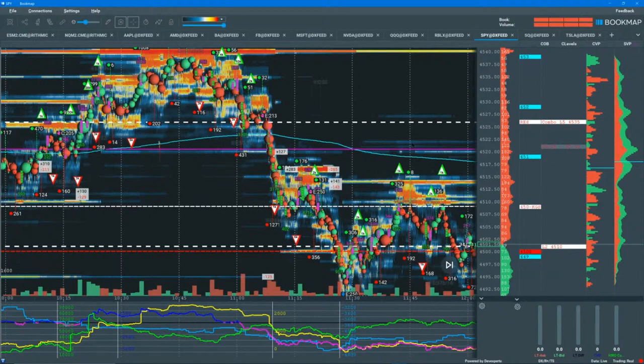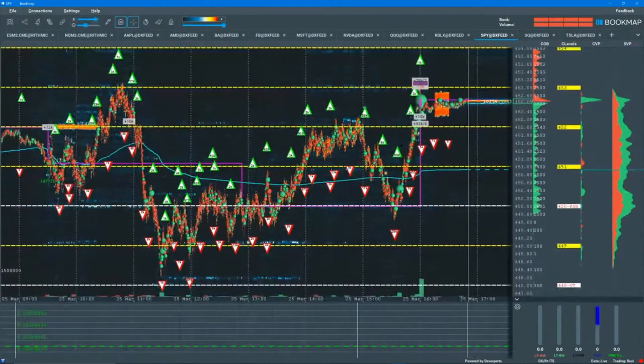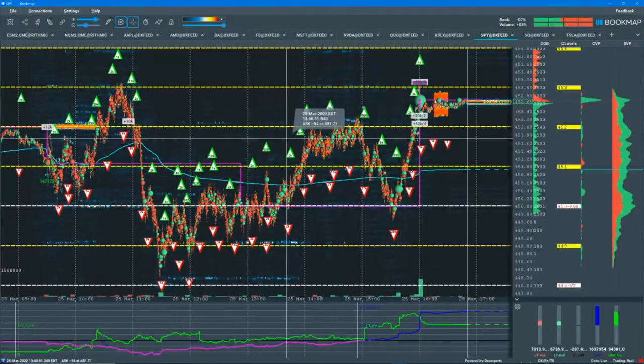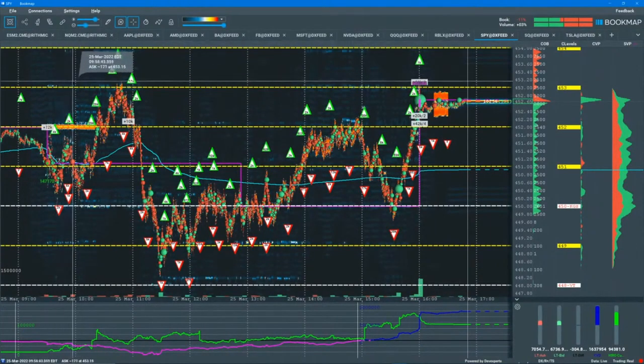I've got a little bit of a lag when changing tabs now. I think that may happen because I have so many symbols and so many indicators open. That makes sense. All right, let's zoom in on this area.